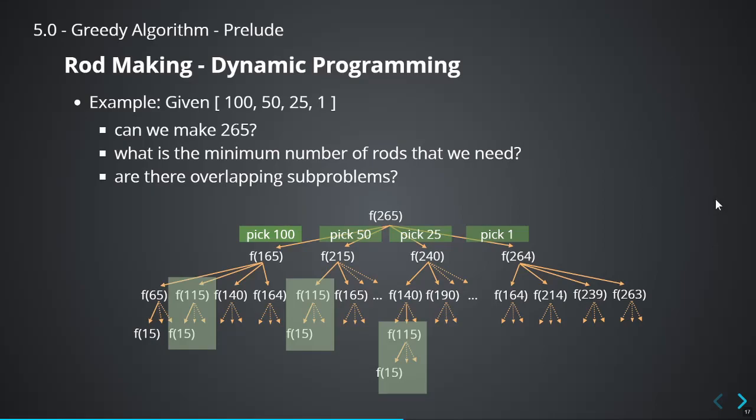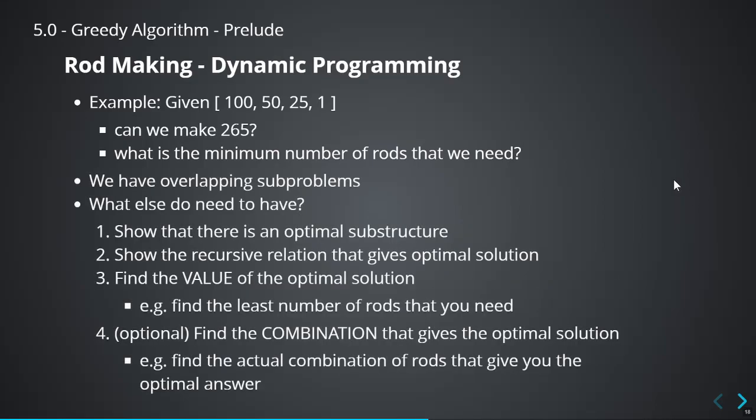But with dynamic programming, what else do you need? Well, remember the 4 steps that I mentioned from the previous lecture. You have to show that there's an optimal substructure, and then show the recursive relationship that gives you the optimal solution. Number 3, you have to find the value of the optimal solution, using that recursive relation to give you the value. The value here is the least number of rods that you need. That's just a value. And the combination is the optional step.